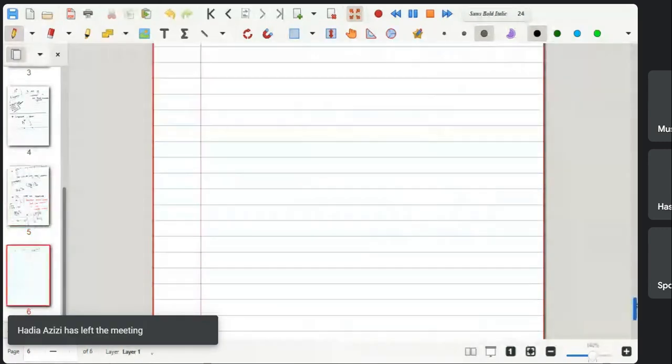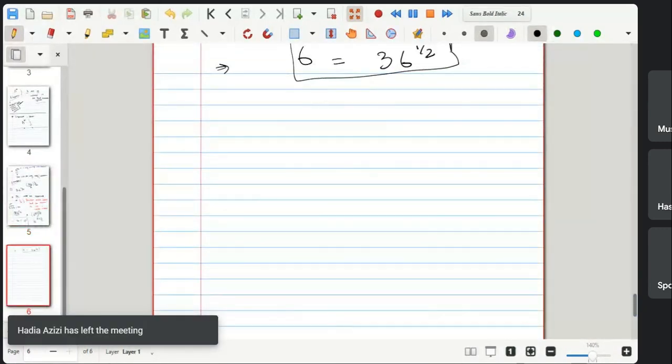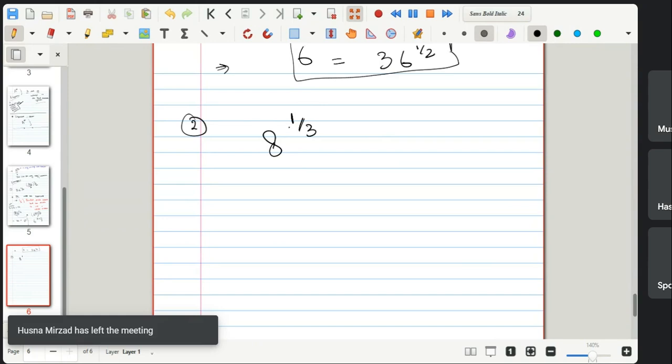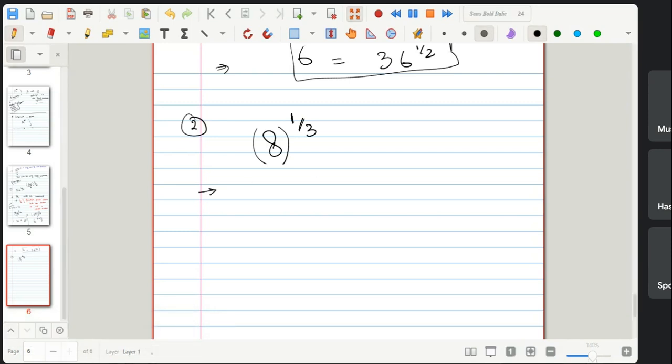Dear students, please try this one: 8 power 1 by 3.